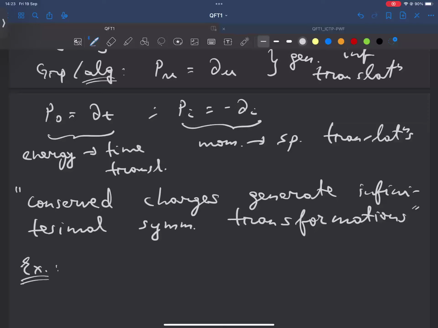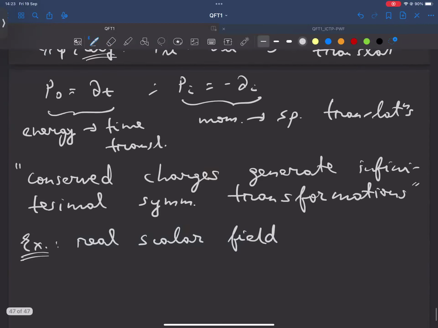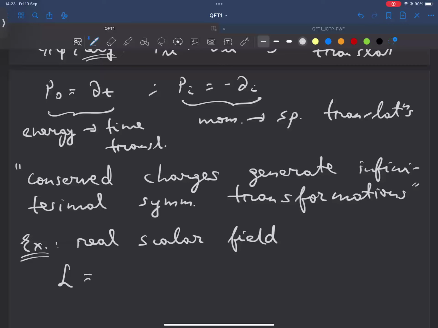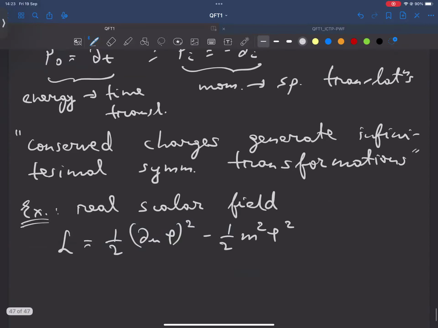So if we do this for the real scalar field, then we can write down the Lagrangian as the following. Sorry. Yes.